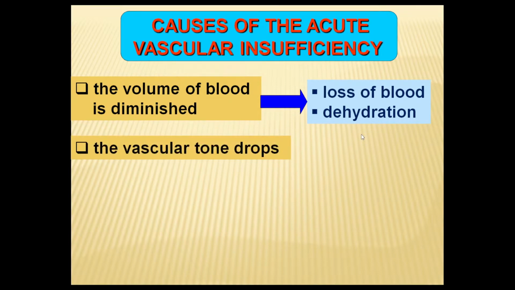Another cause is when the vascular tone drops and some vessels dilate. We remember peripheral circulation is held with a definite tone of peripheral vessels. Some vessels are constricted, others dilated, and blood is held in the dilated blood vessels.